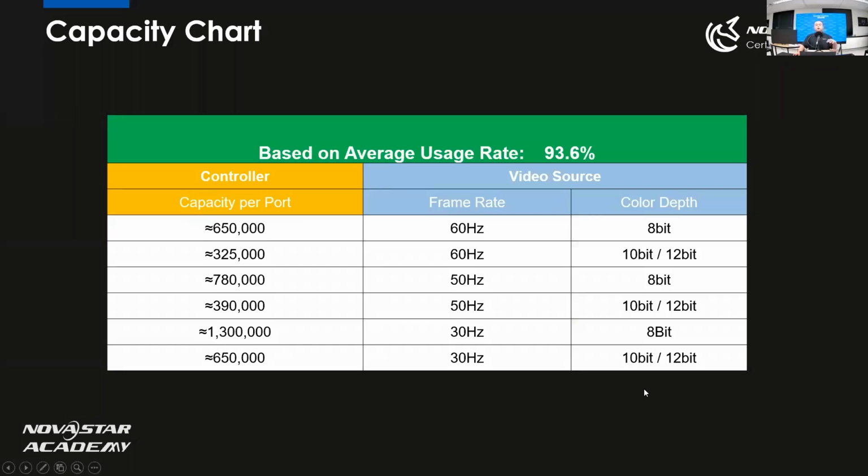So if you want to know how many total pixels you can handle by one output, you can check this form. Hope this form can help you. So the maximum which we mentioned is 655,000 pixels. That is the maximum.